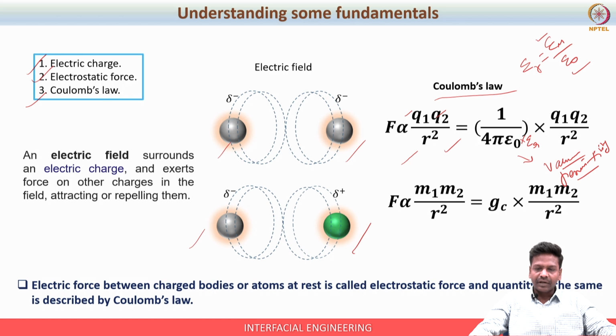Now, if you are dealing with a medium instead of vacuum, what you finally get is Em itself, because E naught will cancel out. Or if you are dealing with only vacuum, ER is 1. For vacuum permittivity, ER is 1, and in that case this equation will be intact.